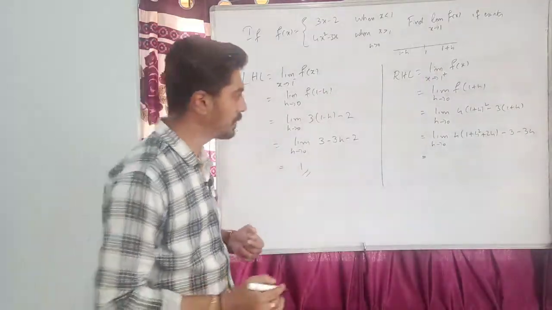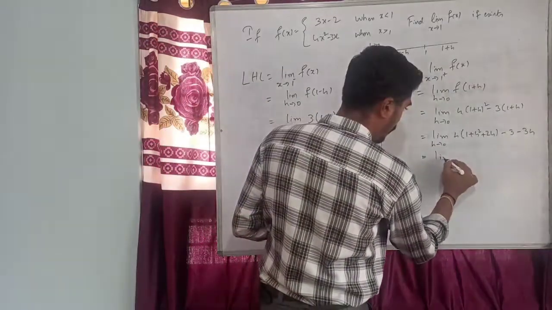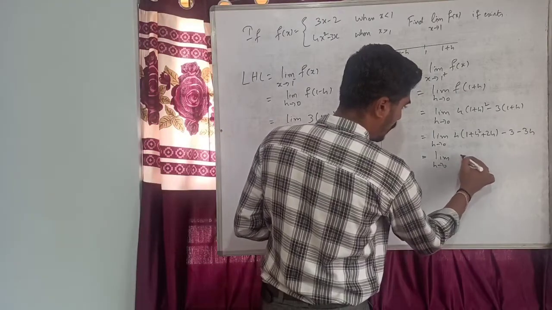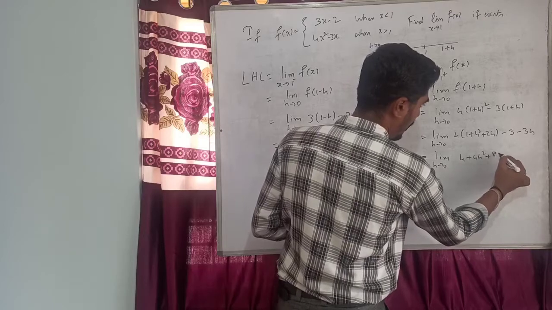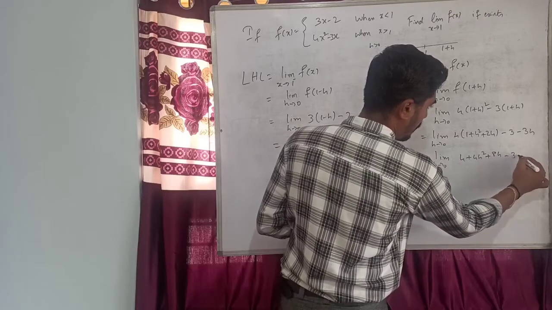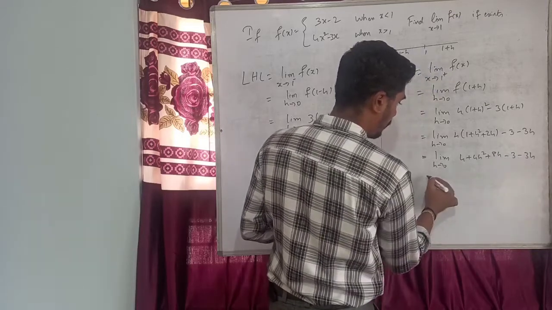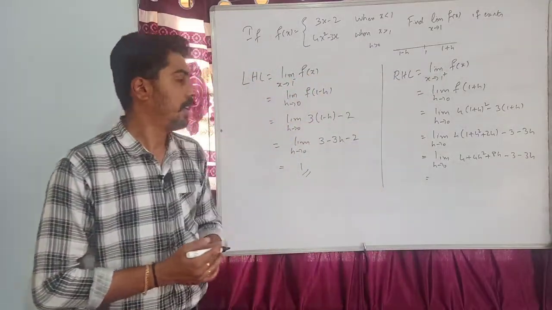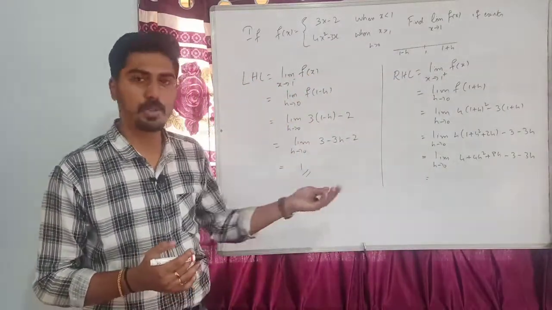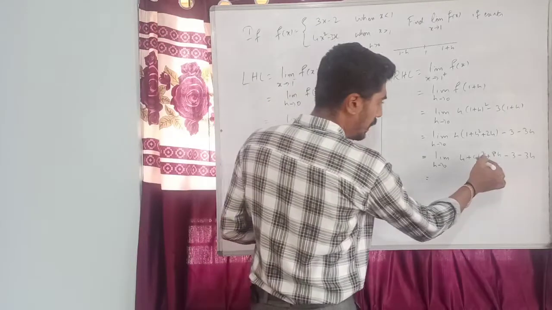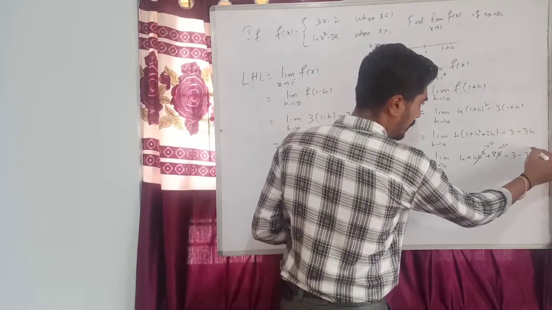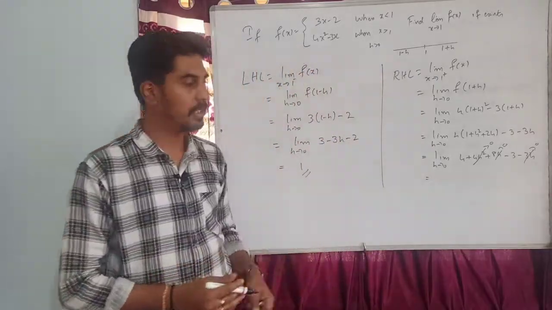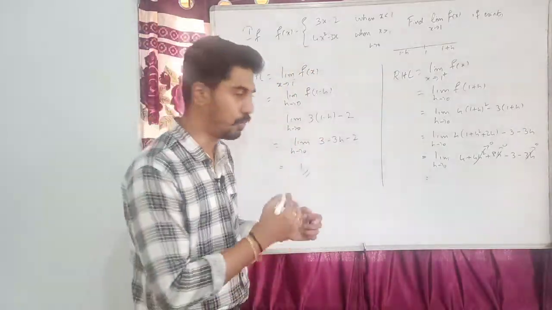Again simplifying this, I get the limit of h tends to 0, 4 plus 4h square plus 8h minus 3 minus 3h. Now if I substitute h equal to 0, this term will be 0, this term will be 0 and this term will be 0. So I remain with 4 minus 3, which is equal to 1.